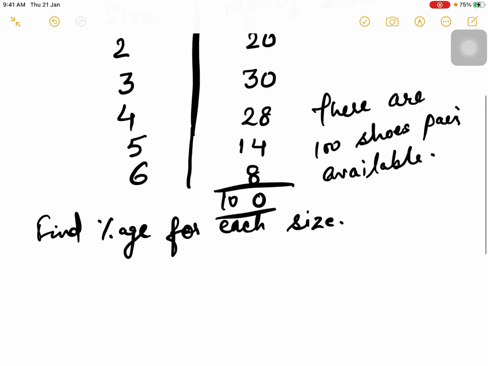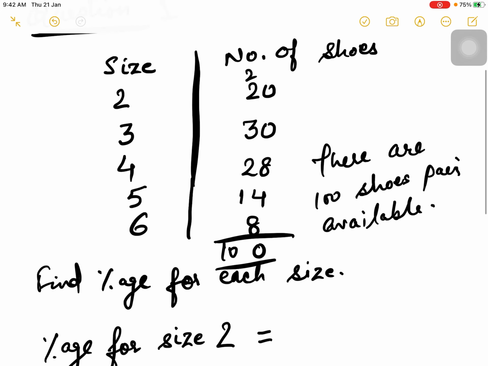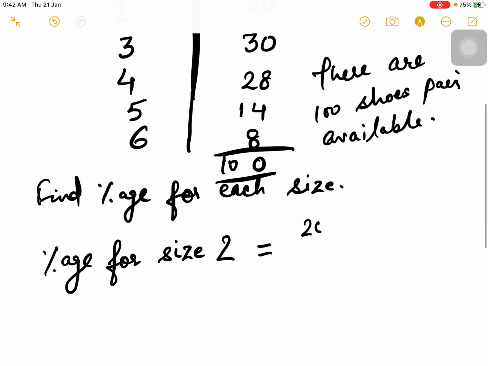That means percentage for size 2. Okay, for size 2, how many shoes are there? It's 20 from 100. 100 में से 20. Okay, so we have to find the percentage now.